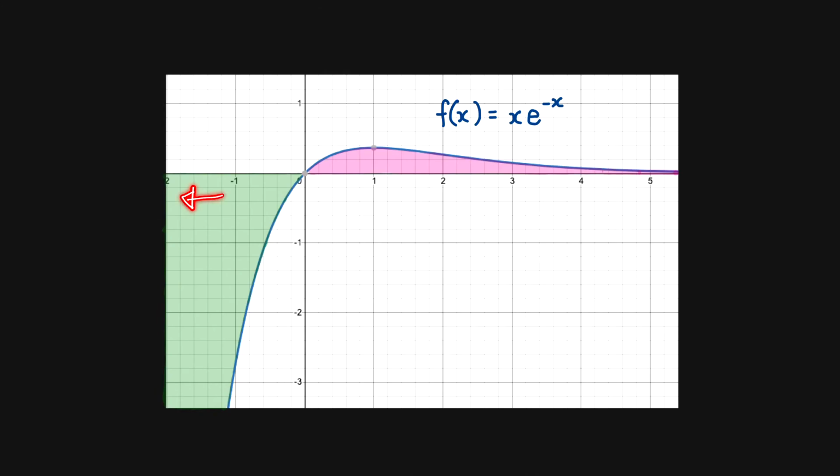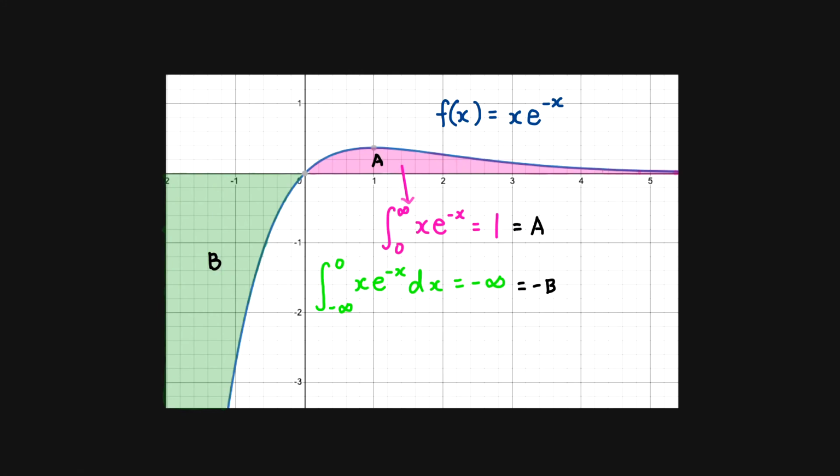So this region here extends indefinitely to the left and extends indefinitely to the right. So our computation tells us that the area of this pink region here is equal to 1. So if that area is equal to A, the value of A is equal to 1.